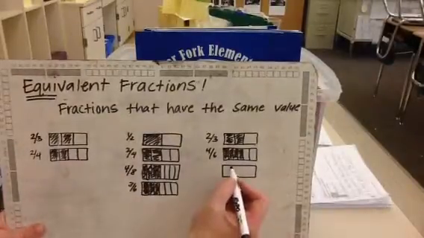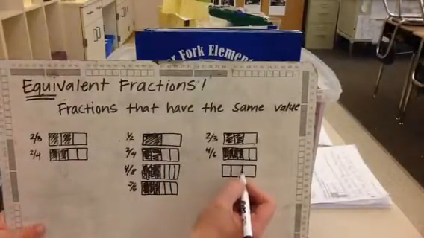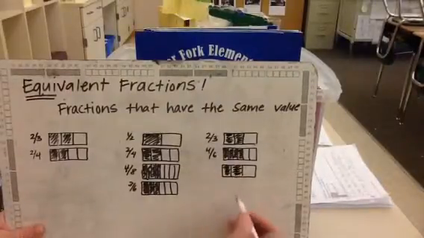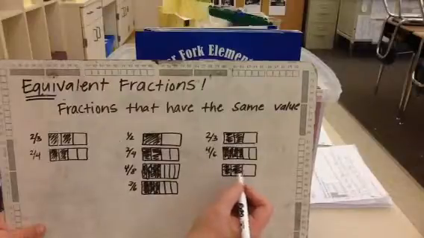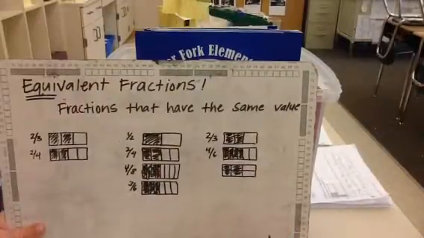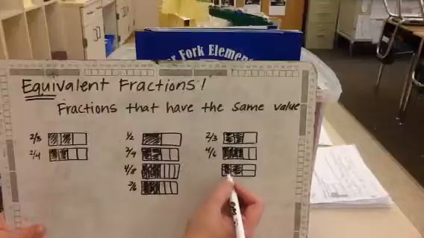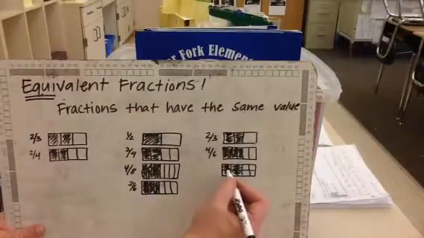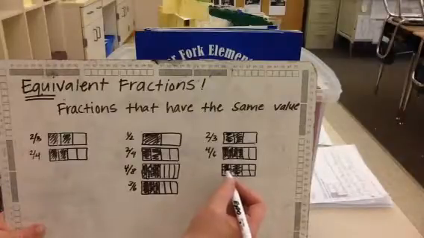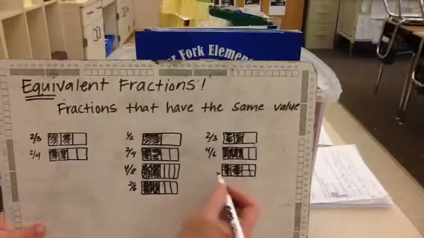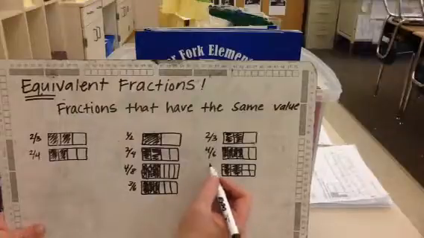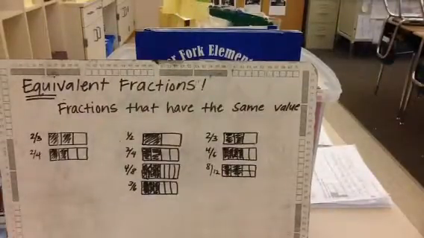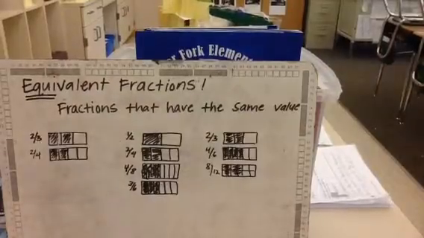I could also do it in this way. Find my 2/3, and then I could also split it this way, and that's also sixths. Or I could split it again, and now I actually have twelfths. So I have 8/12, which is also equivalent to 2/3.